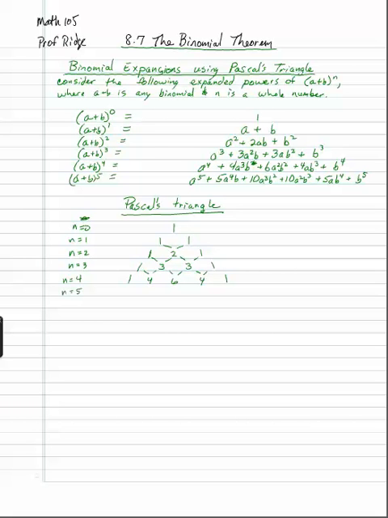N equals 5, you get 1, 5, 10, 10, 5, 1. N equals 6, you're going to get 1, 6, 15, 20, 15, 6, 1.